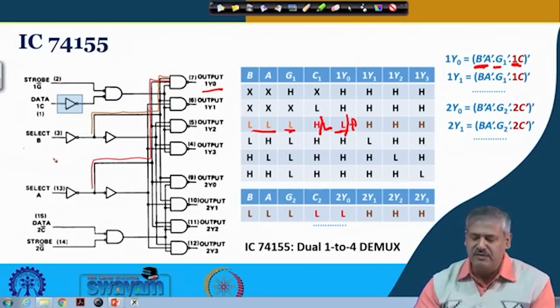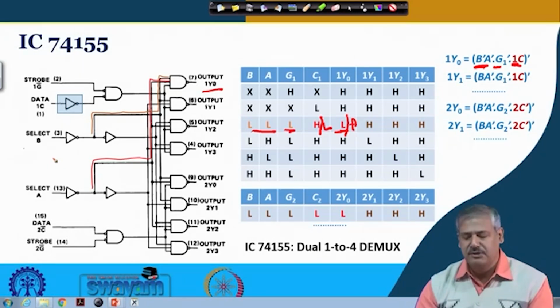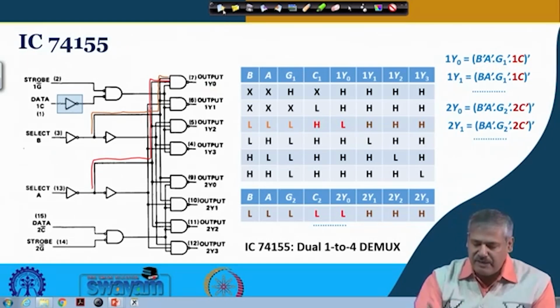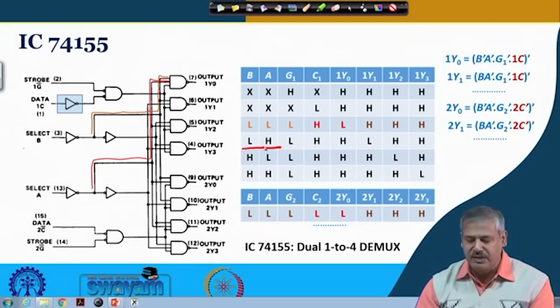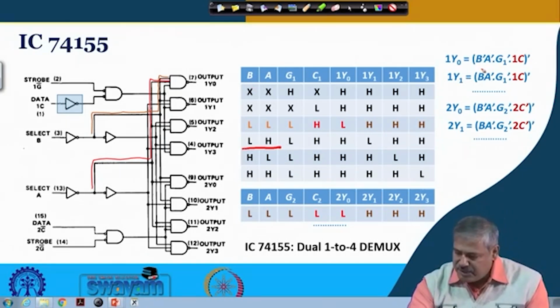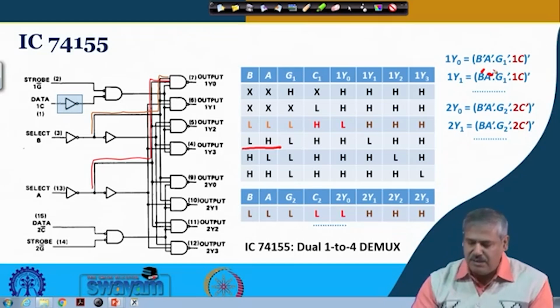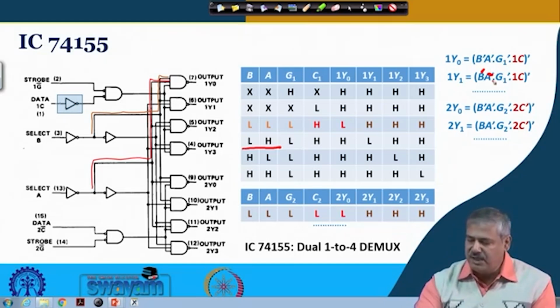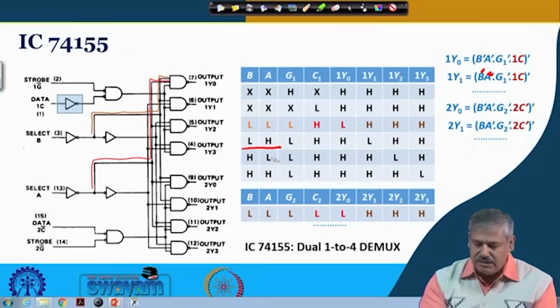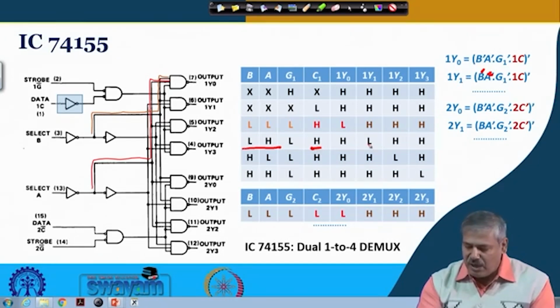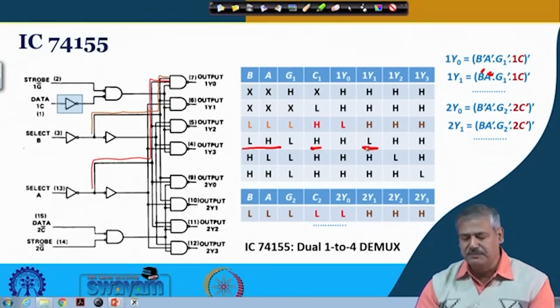Similarly for every other case: when B is low and A is high, and C1 is high, the 1Y1 is low.